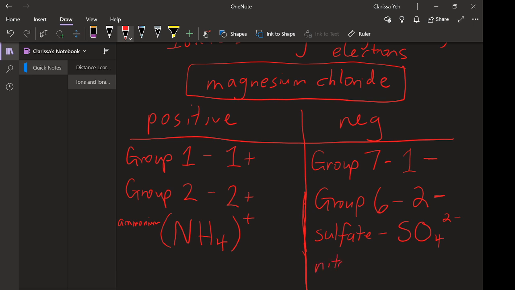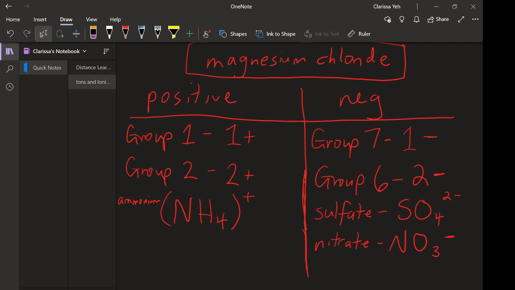We have nitrate, which is NO3 and then a 1 negative charge. And those are the main ones that you have to know. The only ones that you have to actually memorize are the ammonium, the sulfate, the nitrate. The rest, you just check what group they are in the periodic table, and that's it. You don't actually have to memorize magnesium as a charge of +2.